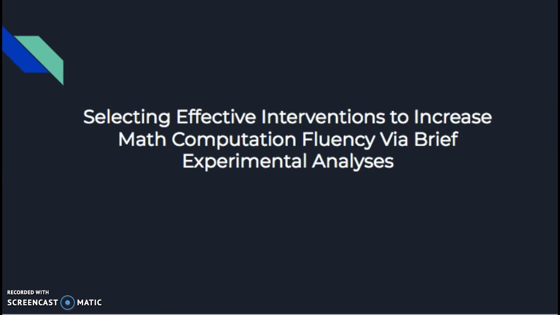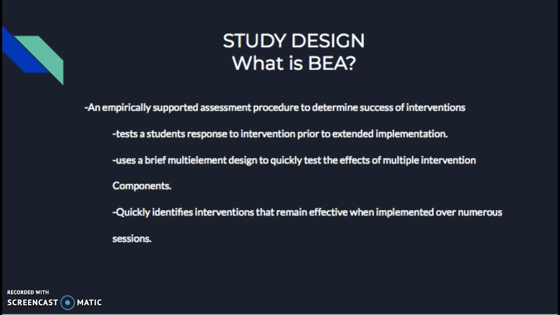The article's title is Selecting Effective Interventions to Increase Math Computation Fluency by a Brief Experimental Analysis. The study design uses the Brief Experimental Analysis, or BEA, an empirically supported assessment procedure that determines the success of interventions.